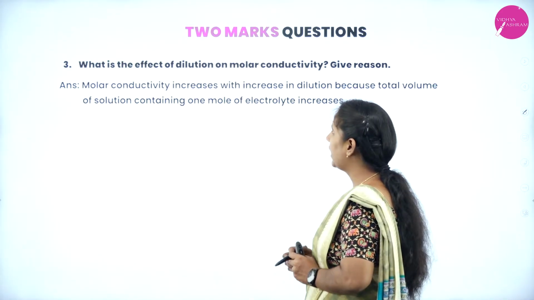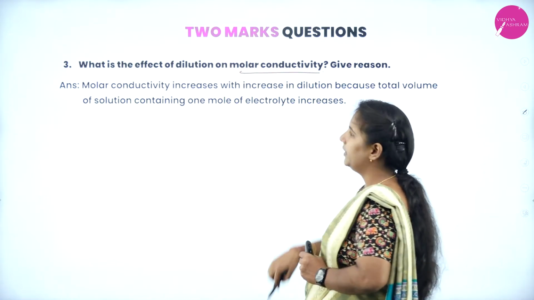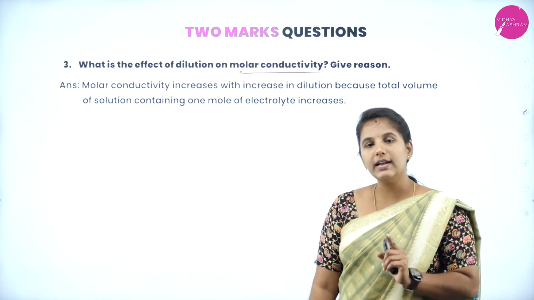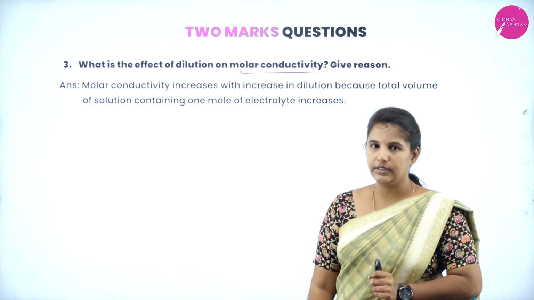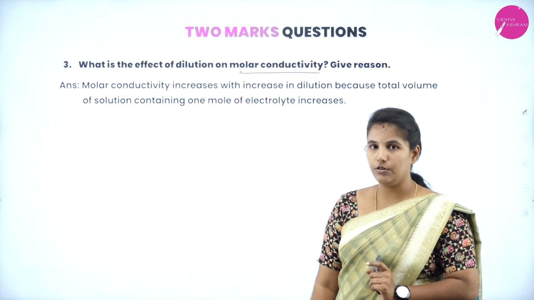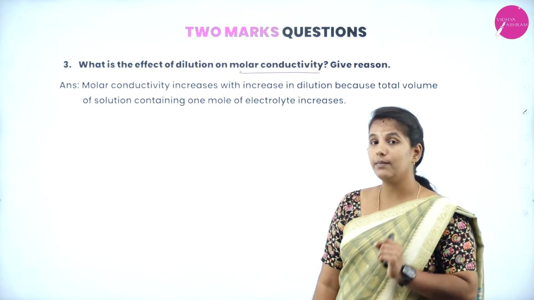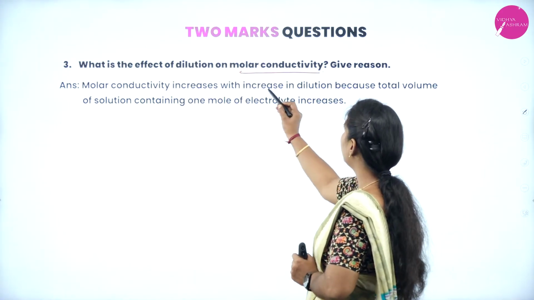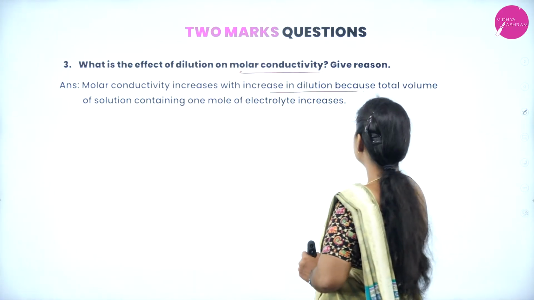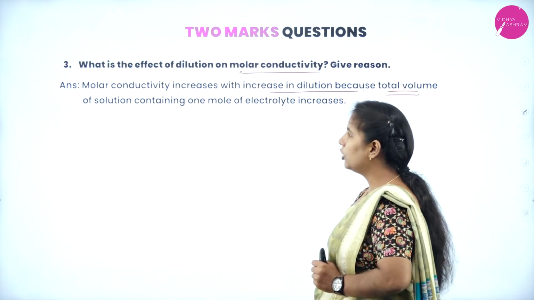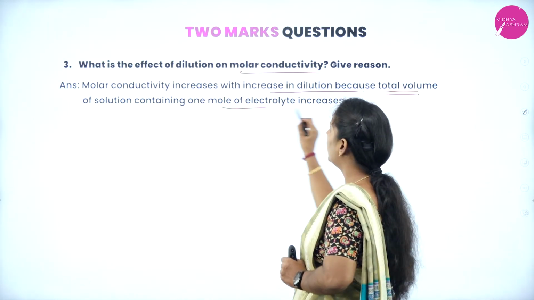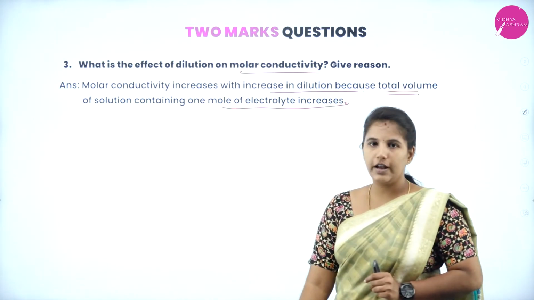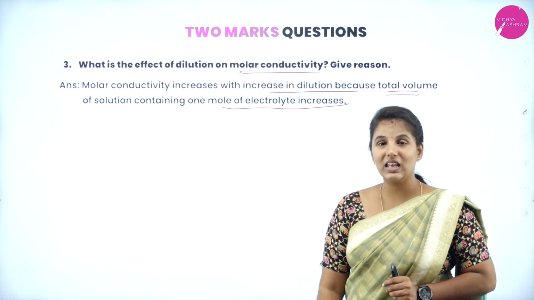What is the effect of dilution on molar conductivity? See, molar conductivity is different from conductivity. As you dilute, molar conductivity will increase with increasing dilution. This is mainly because the total volume of the solution containing 1 mole of the electrolyte increases.